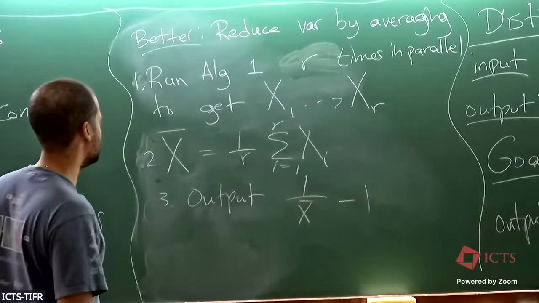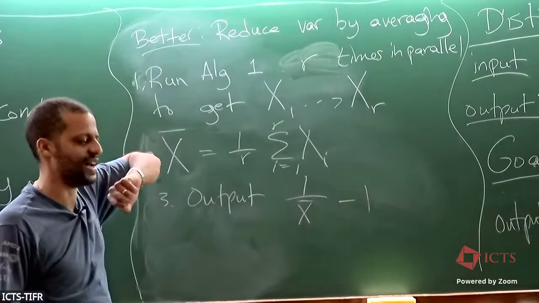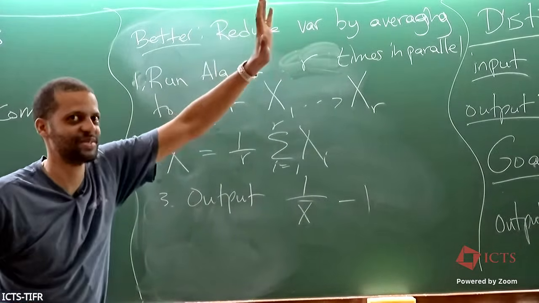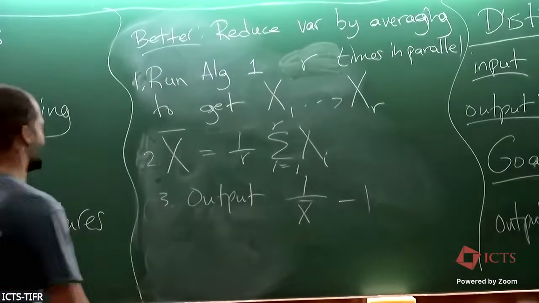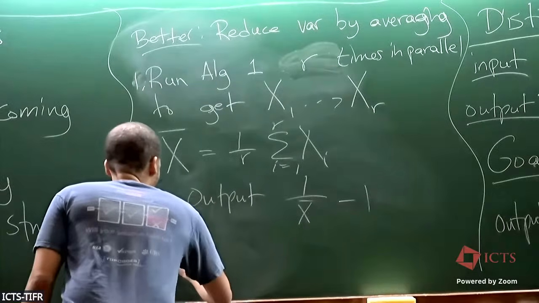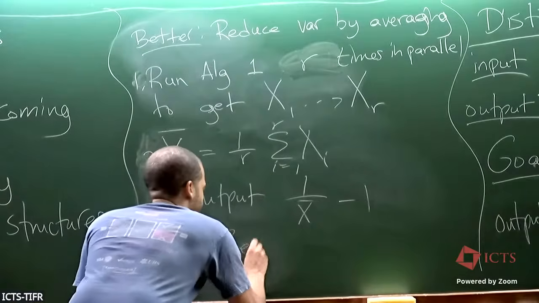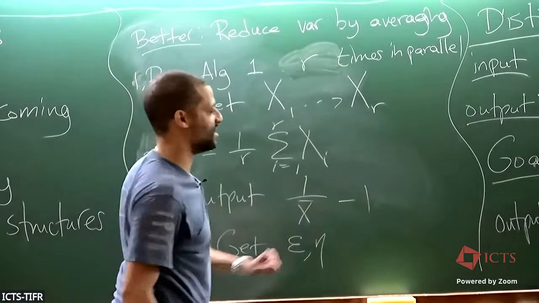Has anyone here not ever seen Chebyshev's inequality? Who's seen Chebyshev's inequality? Okay, good. So just using Chebyshev's inequality, I get the epsilon eta guarantee, so not delta, we'll get to delta in a second.